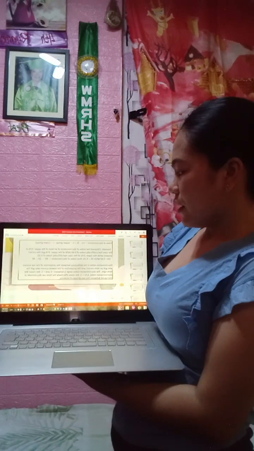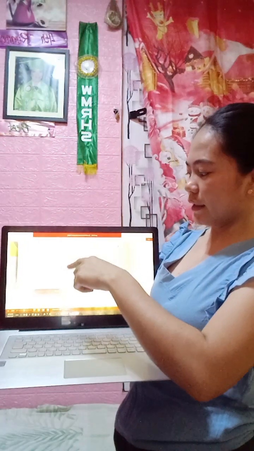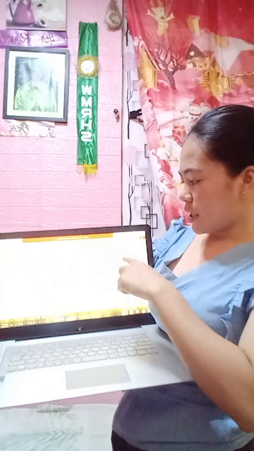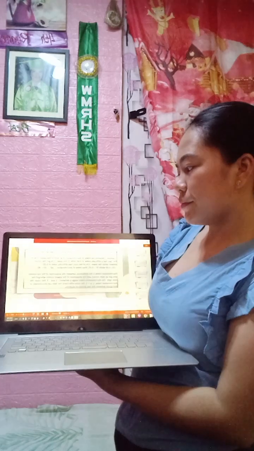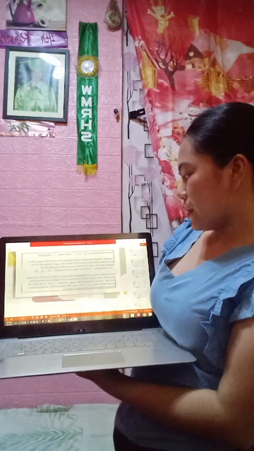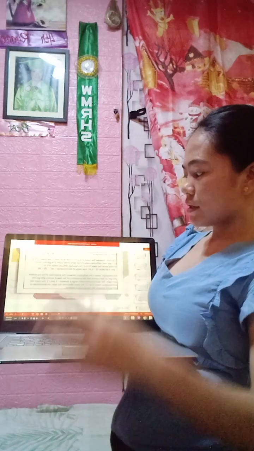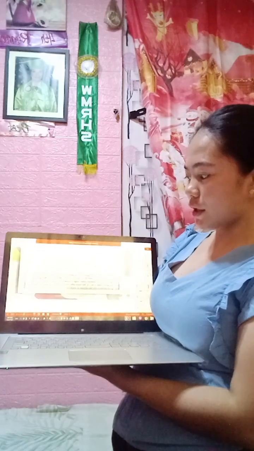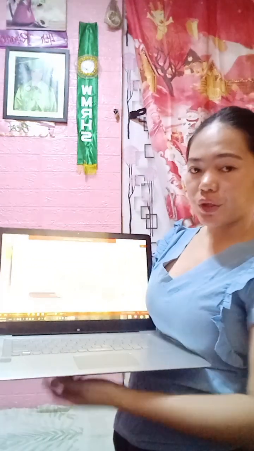Next, the index of discrimination equals DU minus DL, where U is the upper group and L is the lower group. For example, obtain the index of discrimination of an item if the upper 25% of the class had a difficulty index of 0.60, so 60% of the upper group got the correct answer, while the lower 25% of the class had a difficulty index of 0.20.